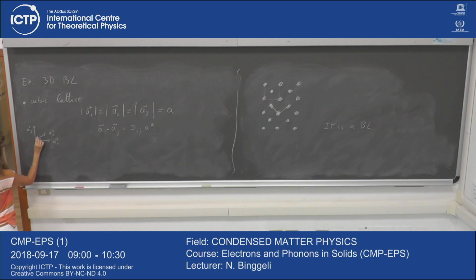So the 3 vectors are perpendicular and of the same length, and this generates the cubic lattice.